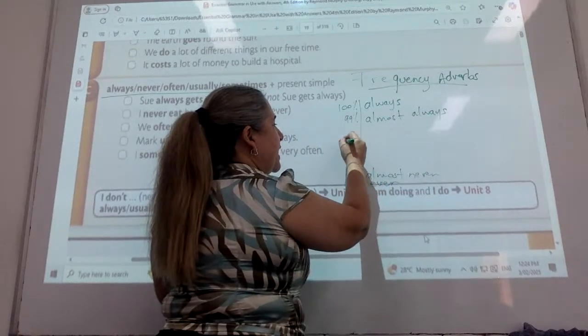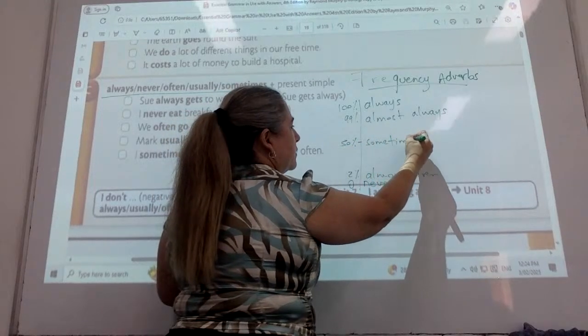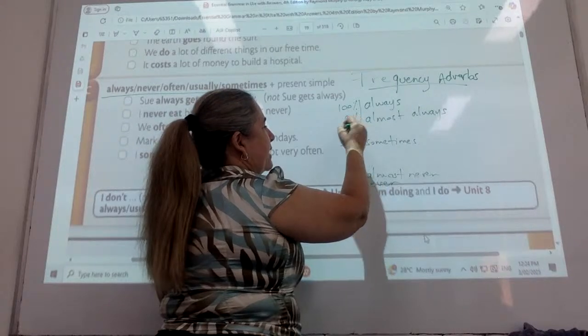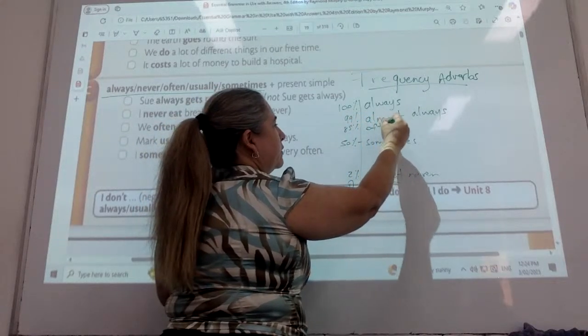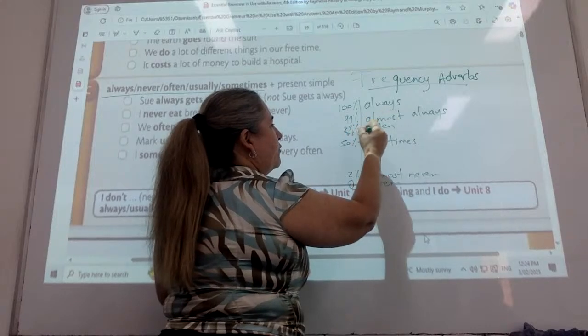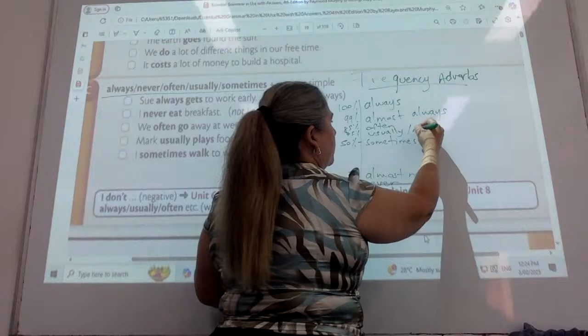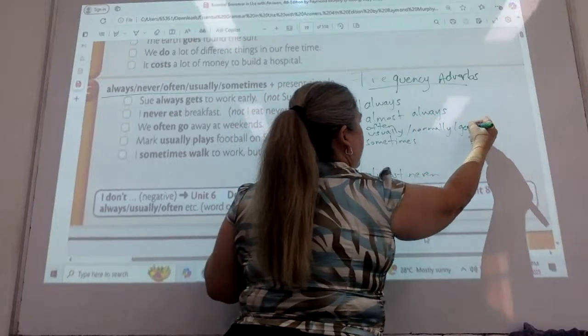At 50%, we have sometimes, right? And then we have, let's say, at 85%, often. At 75, usually. Normally, generally, all mean the same.